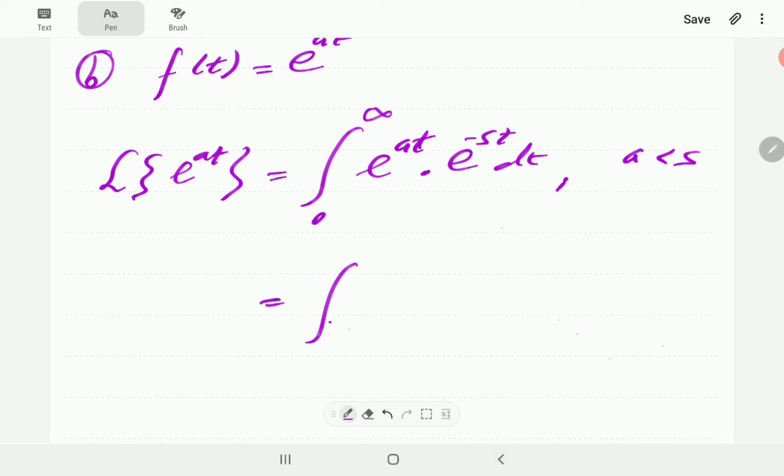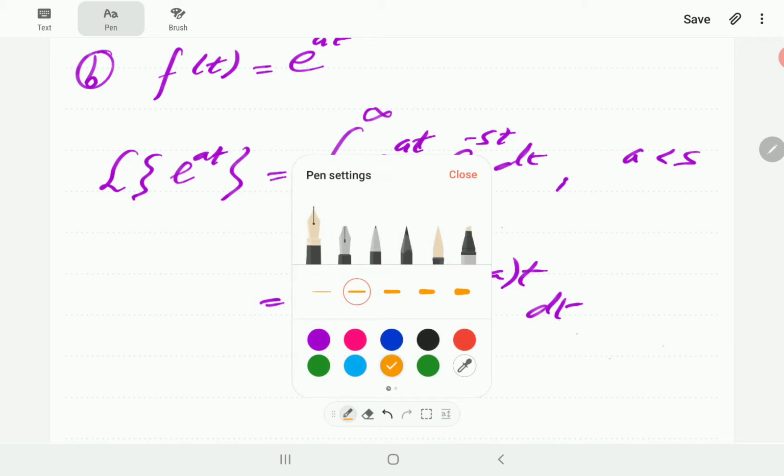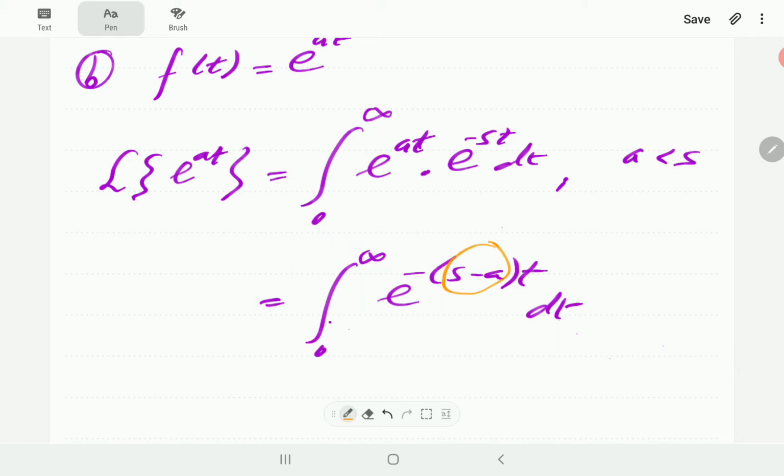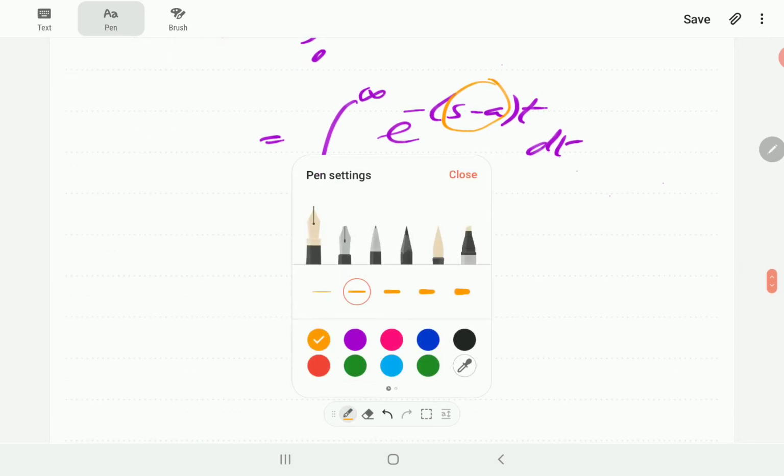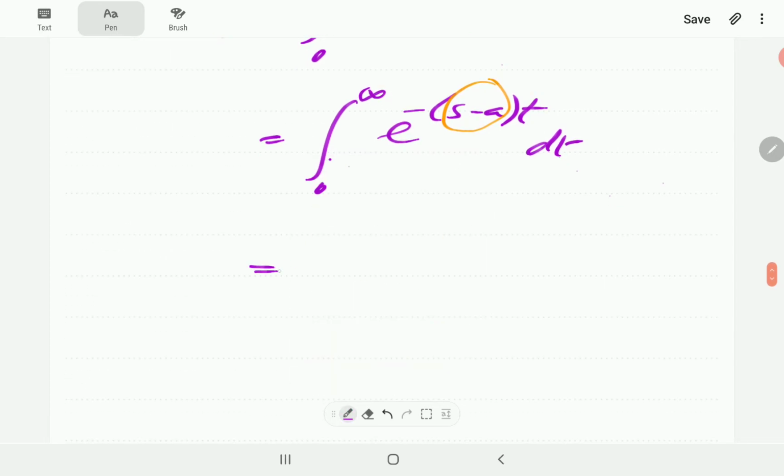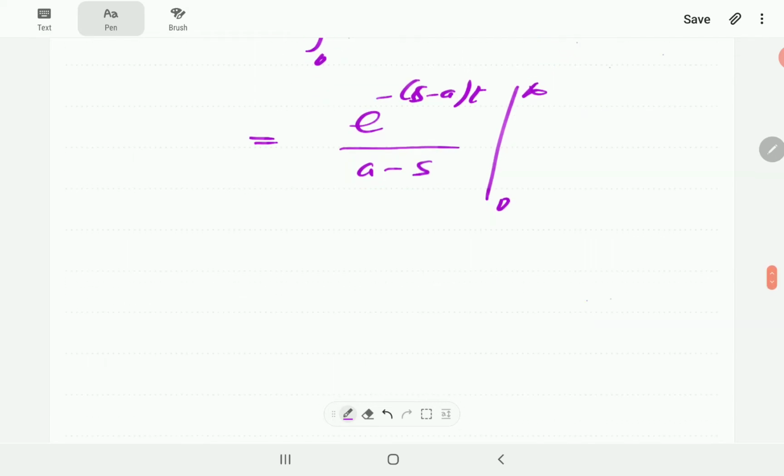So this thing we can write as e to the negative s minus a, t. With that assumption, that tells us that s minus a is going to be a positive number. And then if we integrate this, this is simply going to be e to the minus s minus a, t, divided by a minus s, between 0 and infinity.